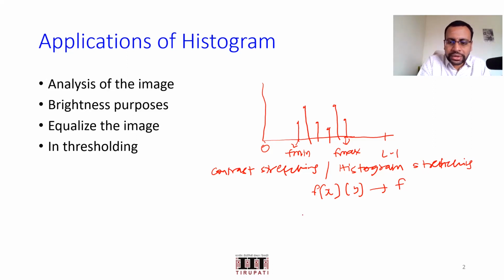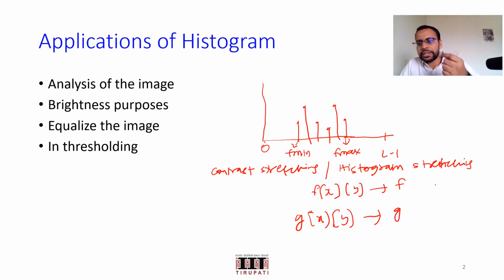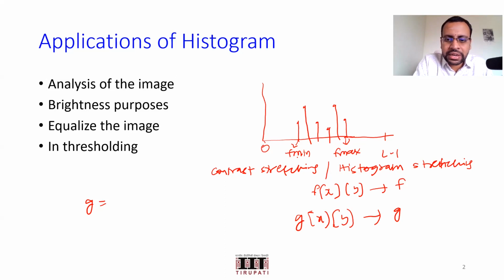Now what we wanted to do, so that g, the new value of x y, again I will call this g of x comma y, also dropping the indices for simplicity. So let me call this g. This g is equal to, now what I want is this minimum to be 0, this maximum to move to L minus 1, and in between, it should linearly pick some other values.